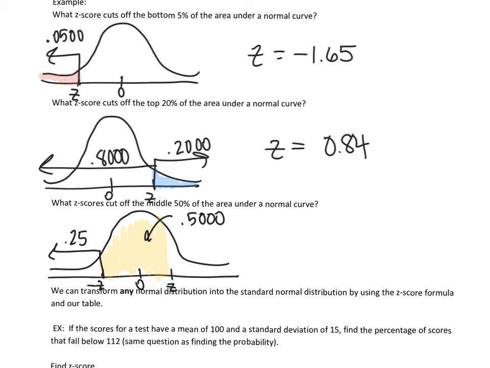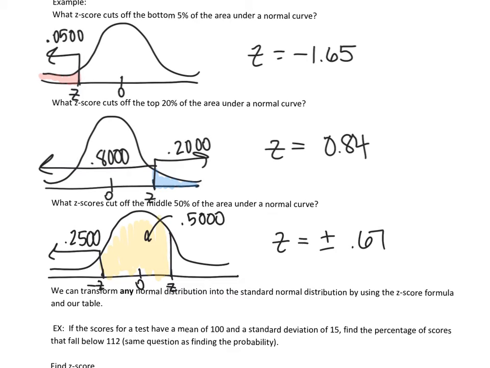So we're looking for a z-score that's close to 0.2500. And the closest one is going to be negative 0.67. But this time we have to do plus or minus, because remember, when we find a middle 50%, we subtract an upper and a lower.